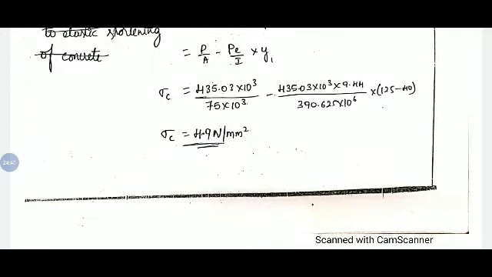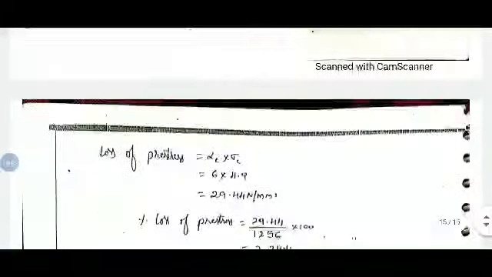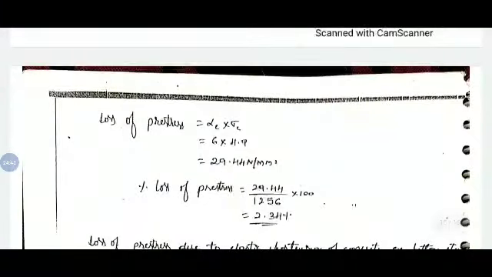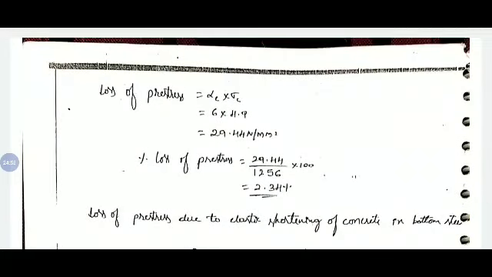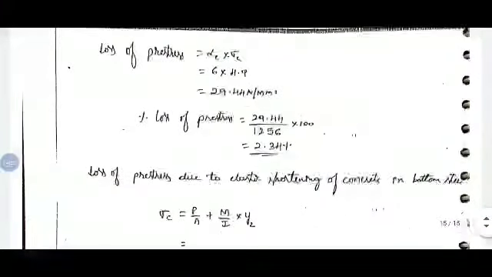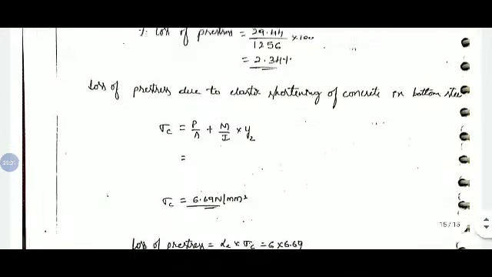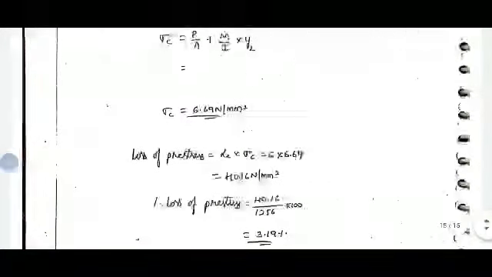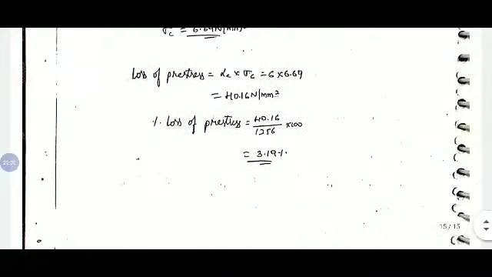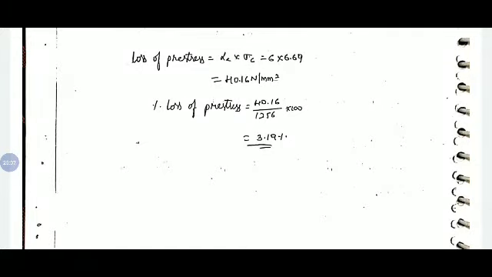So no need to bother. Sigma C we have calculated. Loss of pre-stress is alpha E, modular ratio, into stress in concrete at the level of steel. Percentage loss of stress due to elastic shortening: substitute the values, that is for top tendons and this is for bottom tendons. You will get total loss.